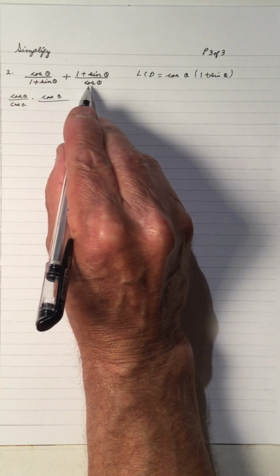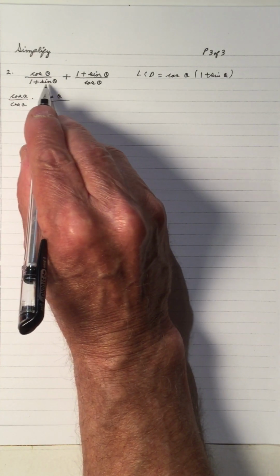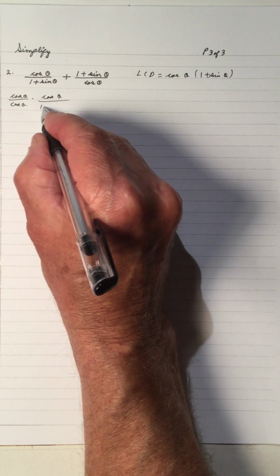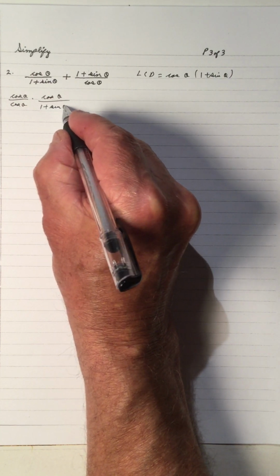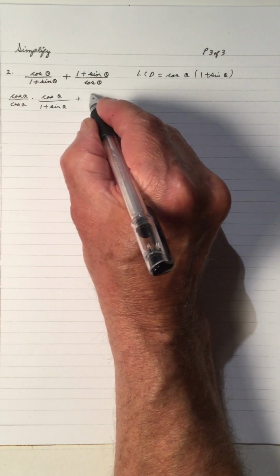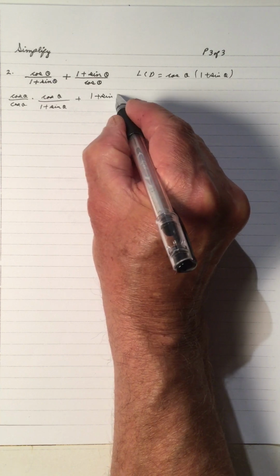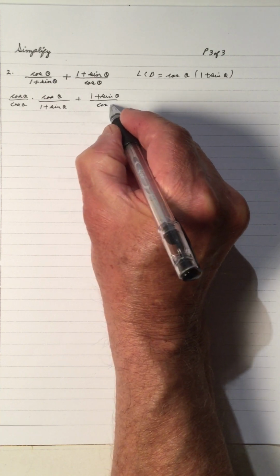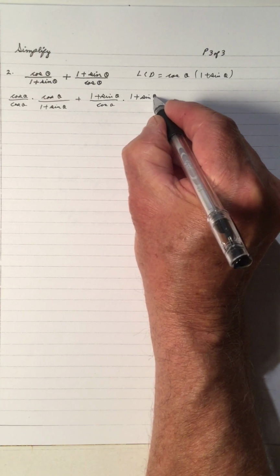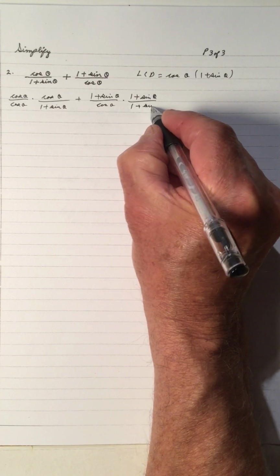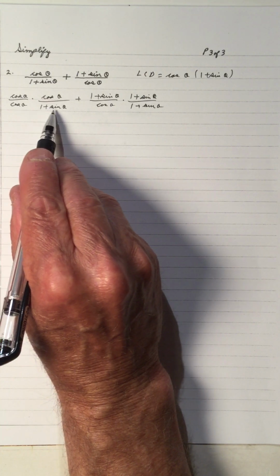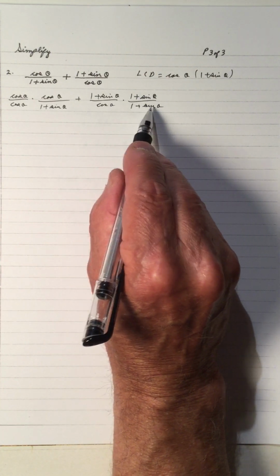By multiplying this fraction by cos over cos, we have created the same denominator, cos times 1 plus sine. And right here, we take this fraction, 1 plus sine theta over cos, and multiply it by 1 plus sine theta. So that now makes this denominator cos theta times 1 plus sine, and this one is cos theta times 1 plus sine.